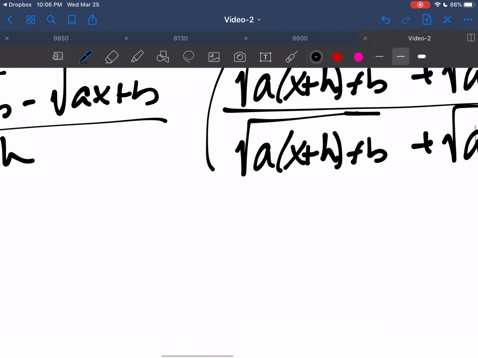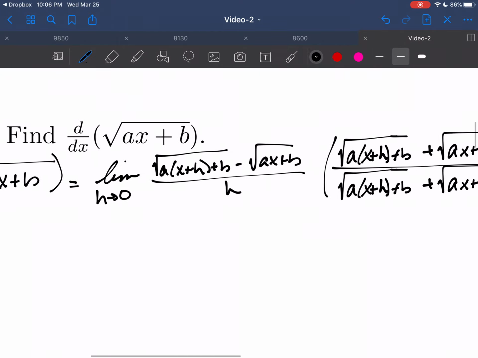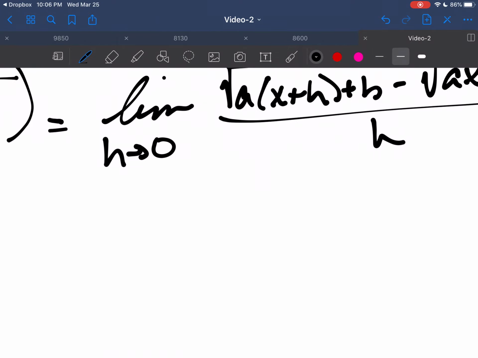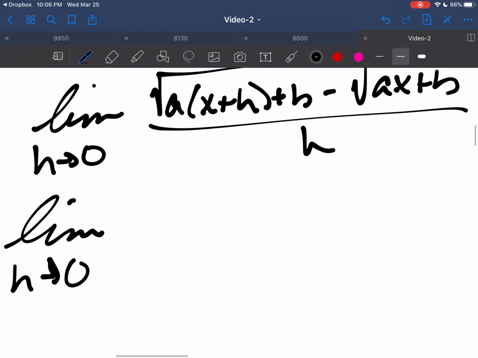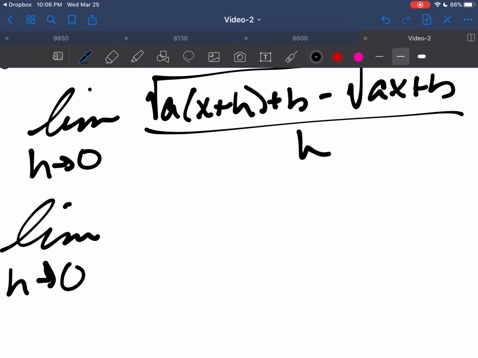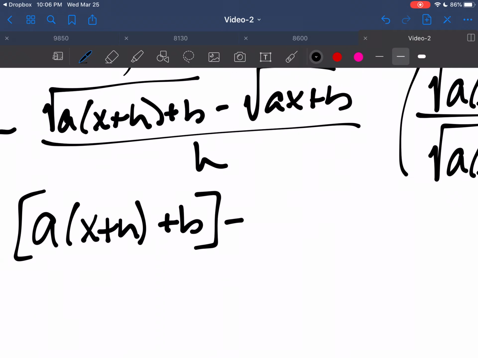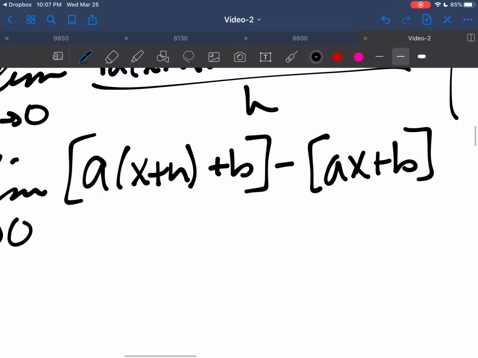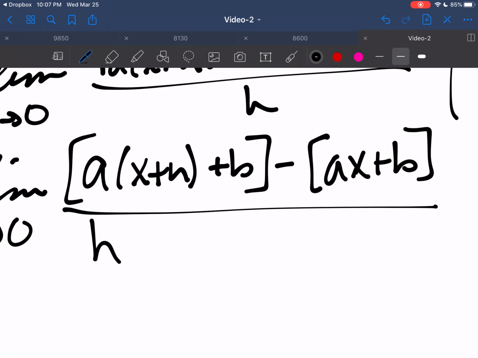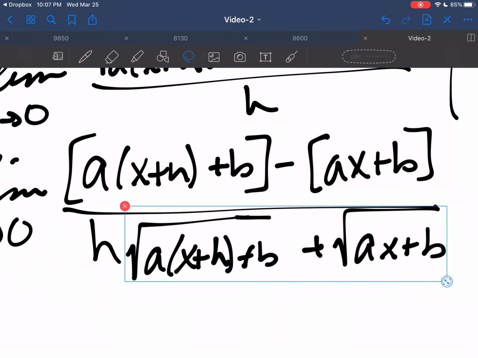So we multiply by our conjugate and we end up with the limit as h approaches 0 of ax plus h plus b minus ax plus b divided by h times our conjugate.